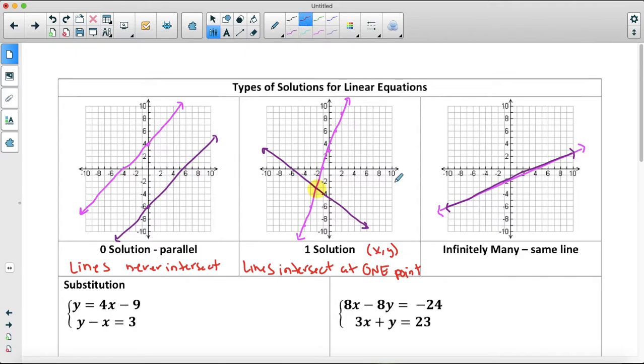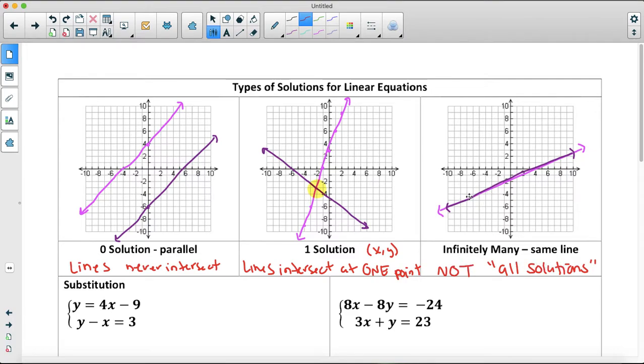A key distinction is that we cannot say that it's all solutions. The reason we can't say it's all solutions is because the coordinate -4, 5 is not a solution to that. So it's not all solutions.